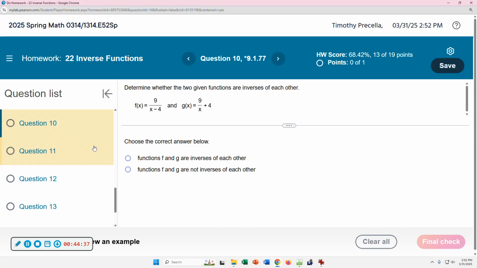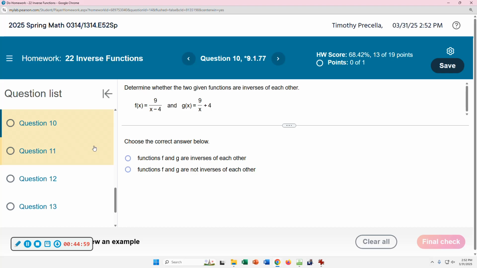So we have f of x is equal to 9 over x minus 4, and the function g of x is equal to 9 over x plus 4.